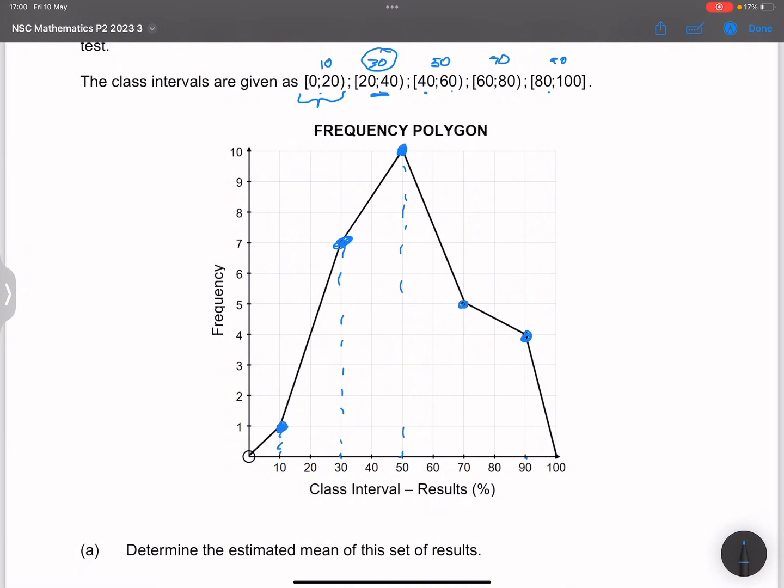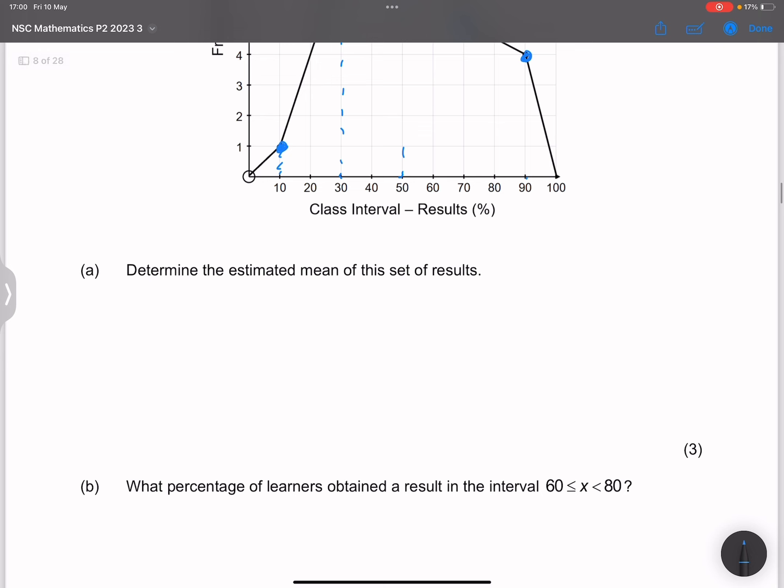Now they say to us, determine the estimated mean of the set of results. Remember, how do we find the estimated mean?